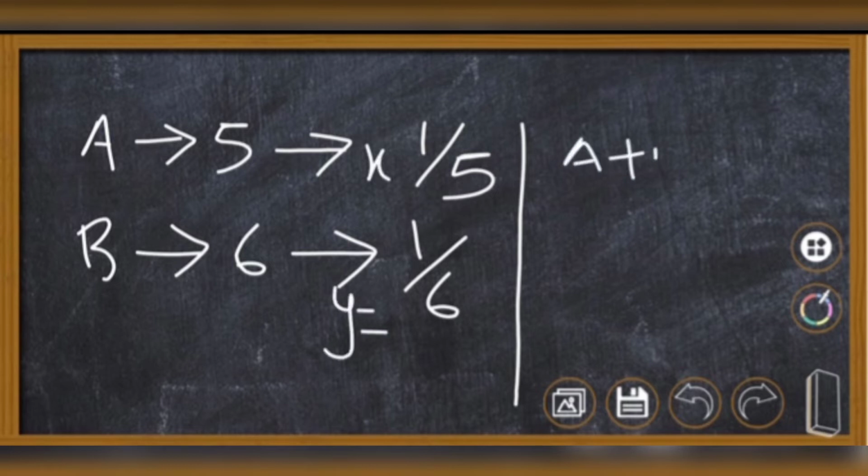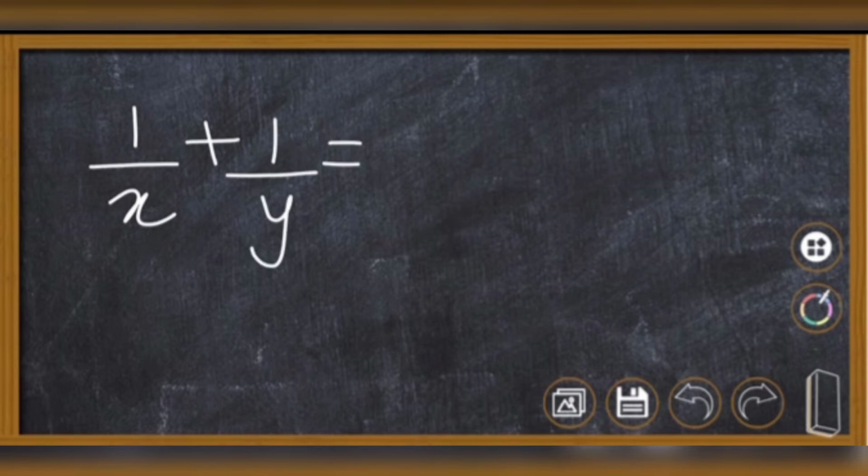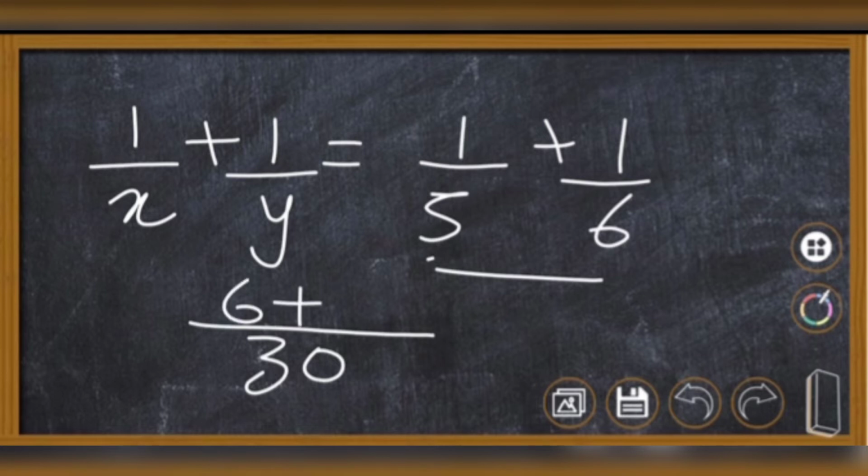Now according to the theorem, A plus B's time will be xy divided by x plus y. What is xy? 5 into 6, that gives 30, divided by x plus y, that is 5 plus 6, that gives 11. So 30 by 11. Now we can do it the usual way, 1 by x plus 1 by y, that is 1 by 5 plus 1 by 6, that gives an LCM of 30, and in the numerator it will be 6 plus 5, 11 by 30.